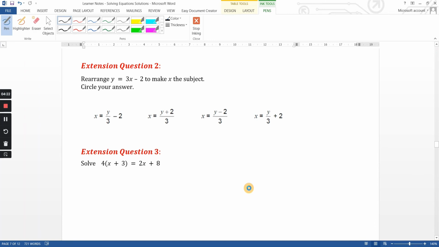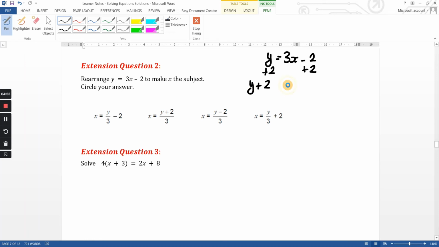Extension question 2, rearrange y equals 3x minus 2 to make x the subject. This looks like an AQA question because you've got multiple choice. They give you a bit of space around this question, not that much though, but we can still use it. So let's rewrite our equation. I need x on its own, so I'll have to plus 2 to both sides.